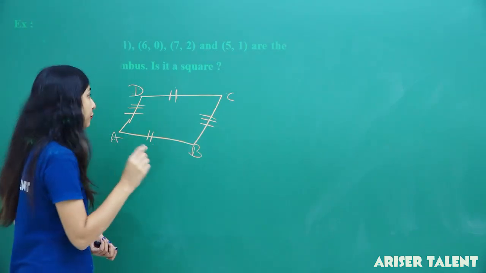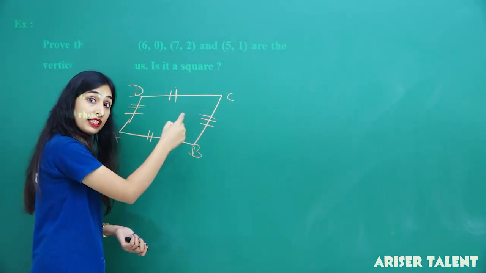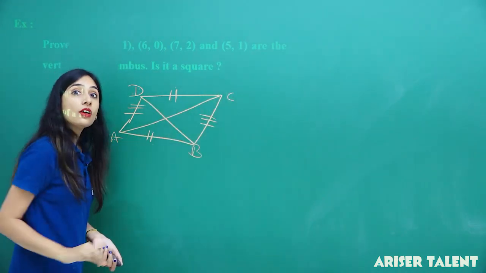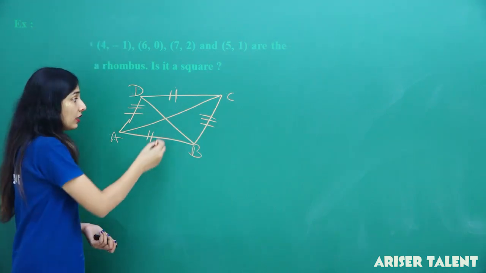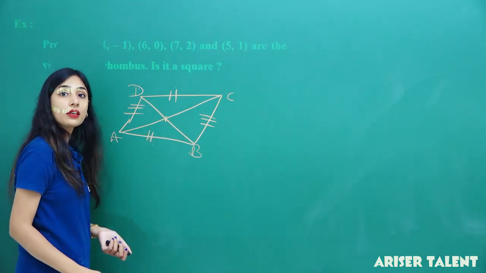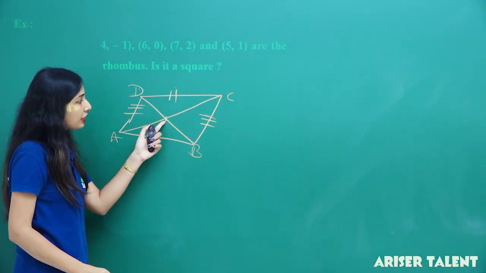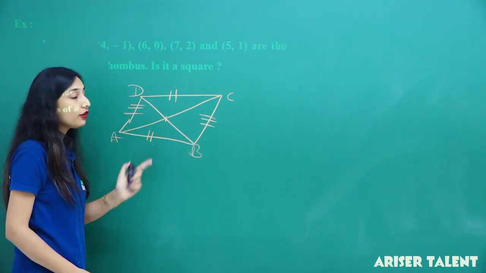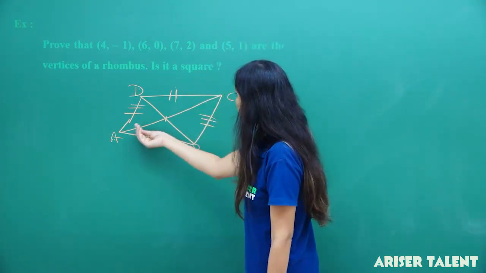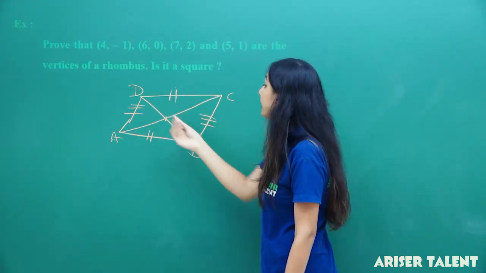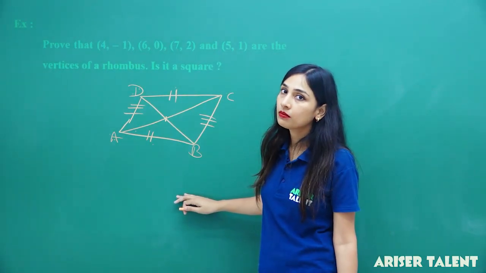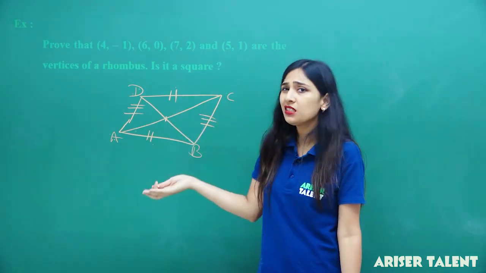Now, if this parallelogram is a rhombus and I draw the diagonals, then the midpoint will be the intersection point. The midpoint of AC and the midpoint of BD should have the same coordinates. So we can find out if the AC's midpoint and DB's midpoint are the same or not. If they are the same, this is a rhombus. If they are not the same, but these sides are equal, then this is a parallelogram.